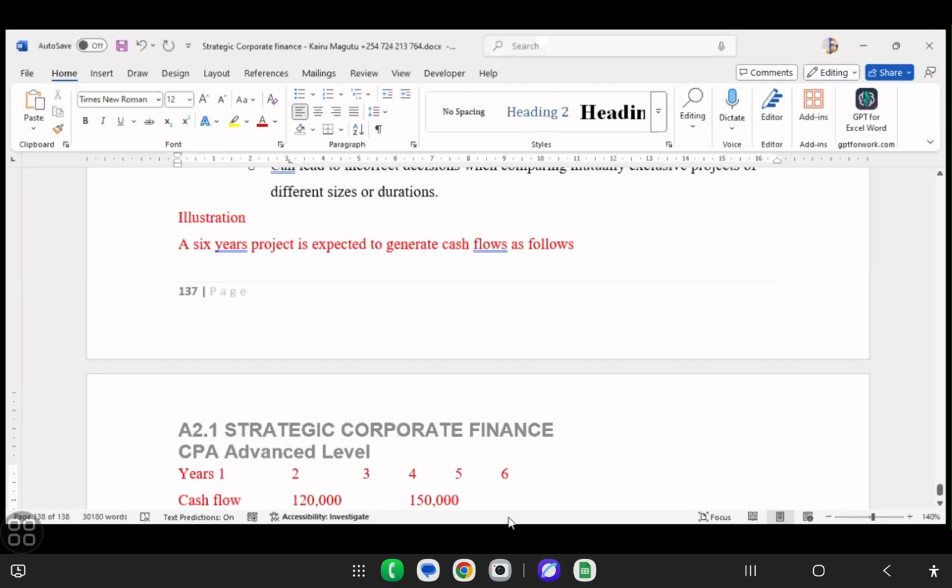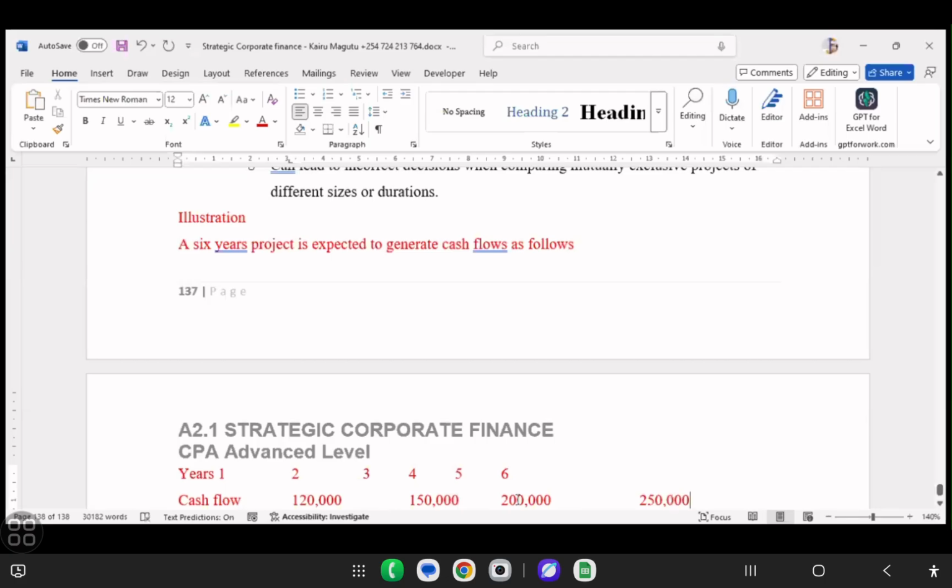You look at this project. The cash flow in year 1 is 150. Let's give the second year, we give it 200. We give the third year, we can give it 250. Let me give it 250, like that.